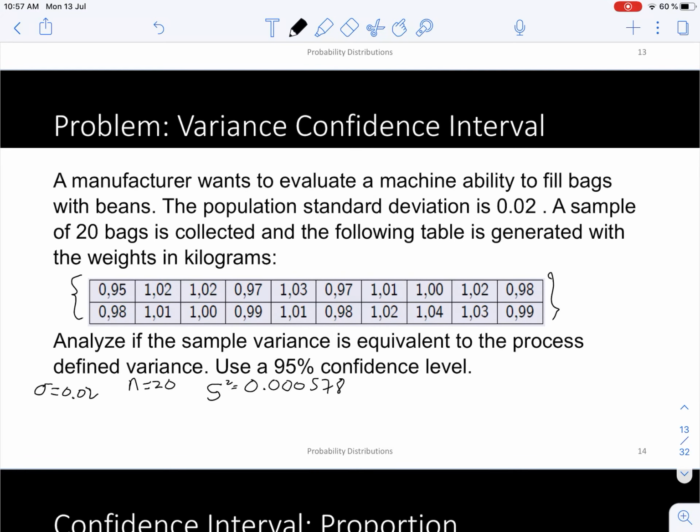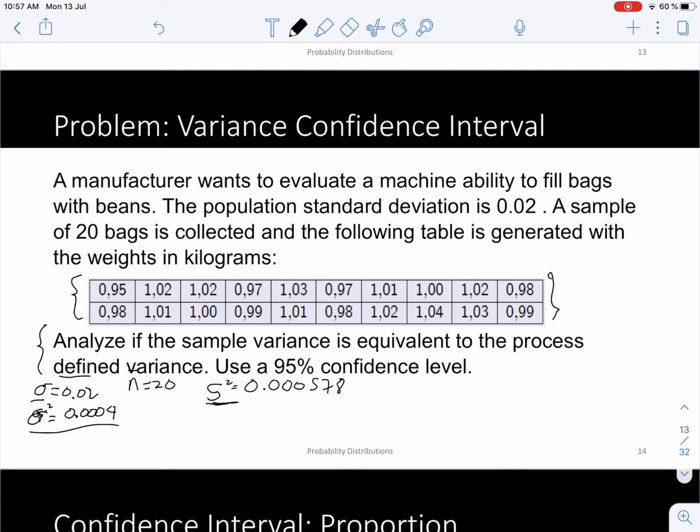Now, the question here is to analyze if the sample variance is equivalent to the process defined variance. So we know sigma of the process, the parameter. Sigma squared is 0.0004. So we want to check if, based on the sample information, this is true. If sigma squared is actually 0.0004.